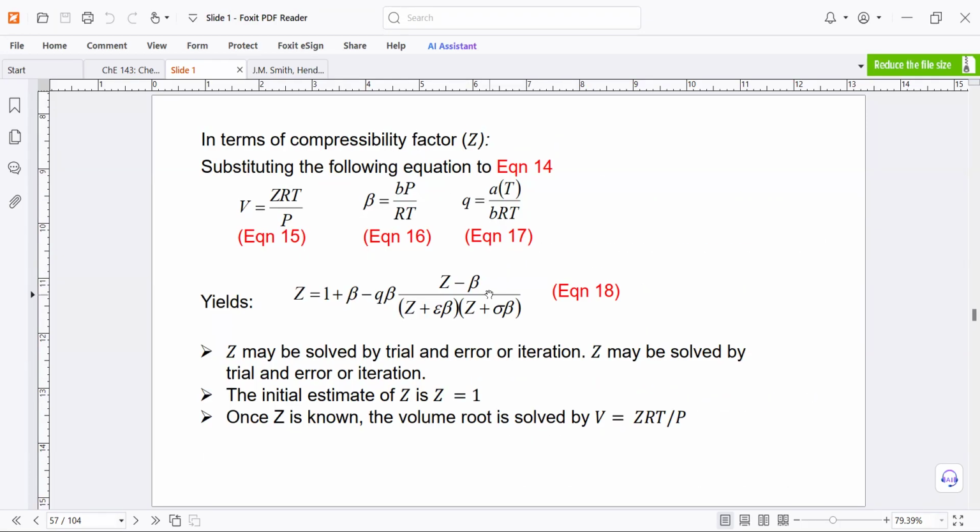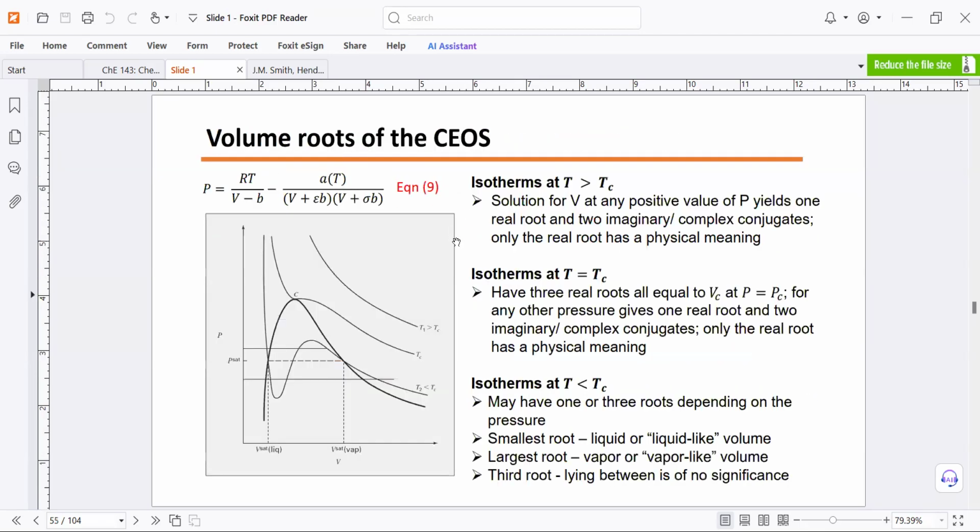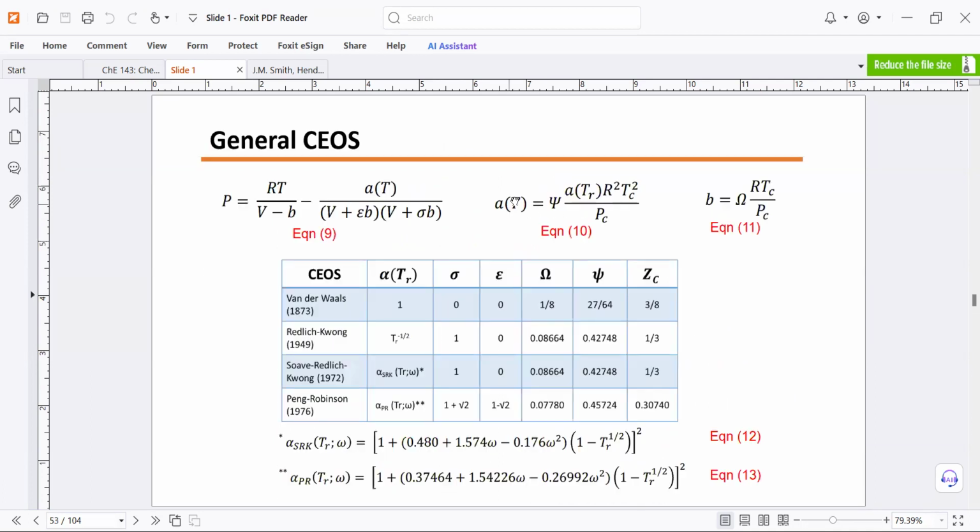Now that we're interested in this, we have to calculate B and A. They are calculated using this equation. So A is this one. It's the same, it's just written here that it's a function of temperature, and B is this one. So where do we get psi and omega? We get them from this table. Just a review of how to use this.